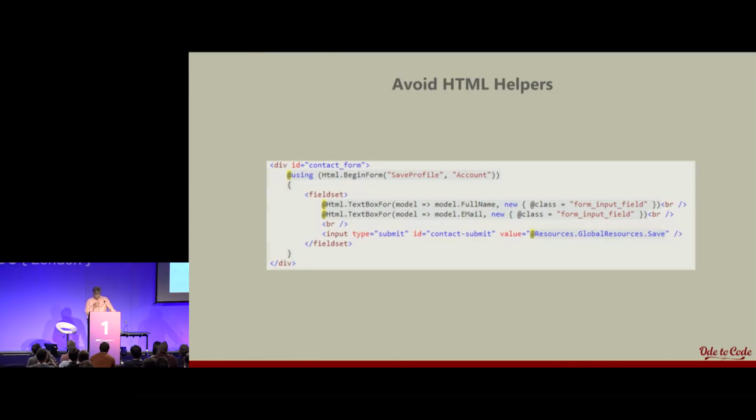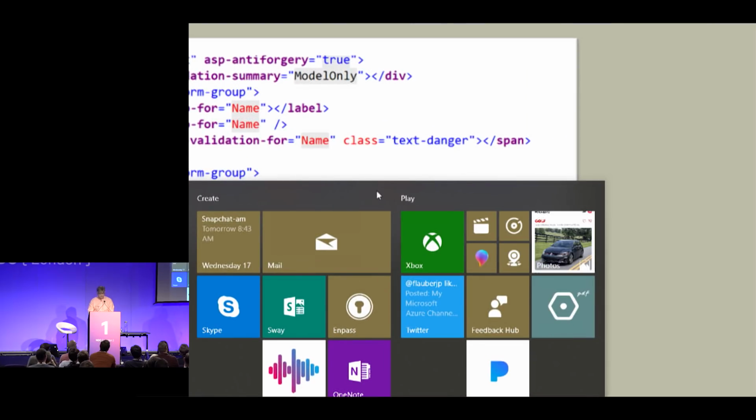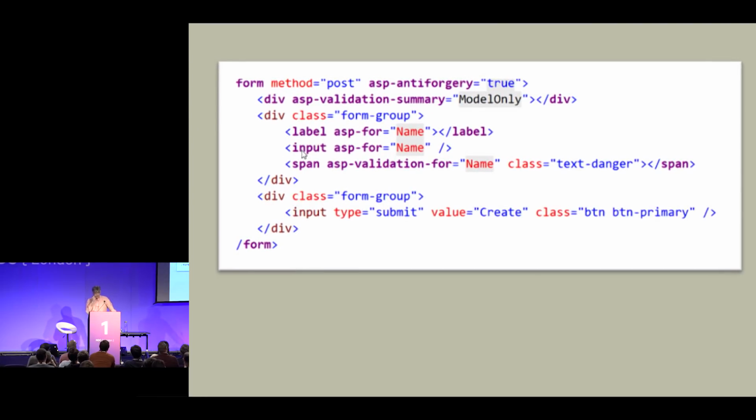Views. Avoid HTML helpers. I know some people still use ASP.NET Core and are doing it the old way of using HTML helpers like Html.BeginForm and Html.TextBoxFor. Honestly, they were always the worst part of ASP.NET MVC. So replace all of that with the newer tag helpers, asp-for, asp-validation-summary. So an example up here. It's just so much easier to read and also to author.